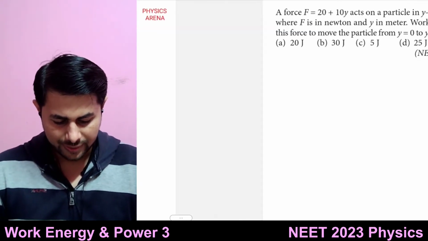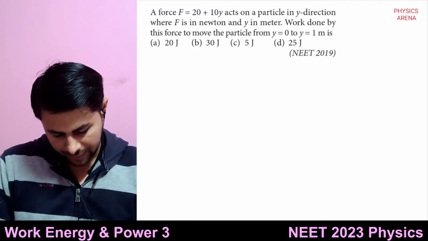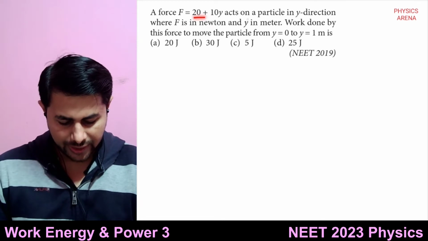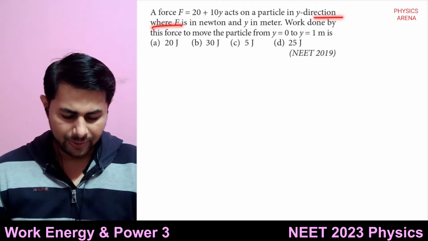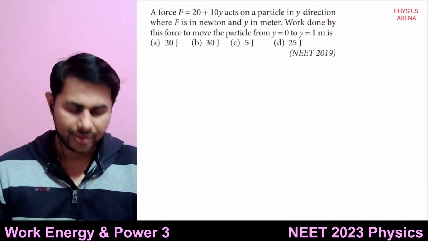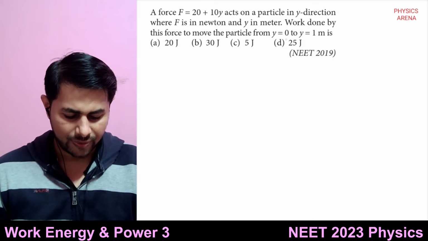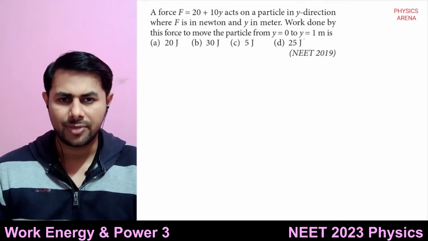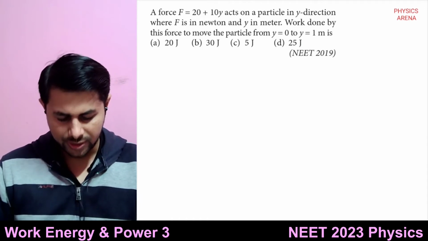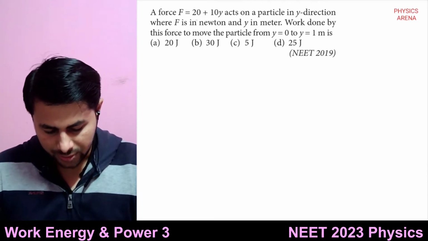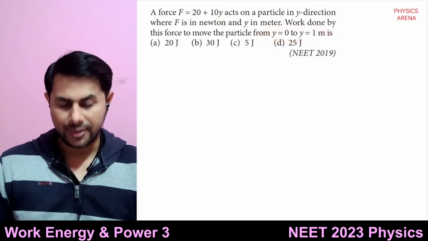All right, then next question. This is from NEET 2019. A force 20 plus 10y acts on a particle in y direction where F is in Newton and y in meter. The work done by this force to move the particle from y equals 0 to y equals 1 meter is. Okay, so now what do we have to do? This is a one-dimensional problem. F is a function of y only and the displacement is also in the y direction.